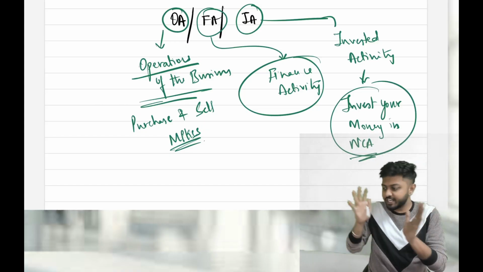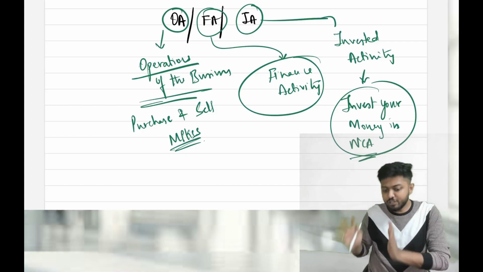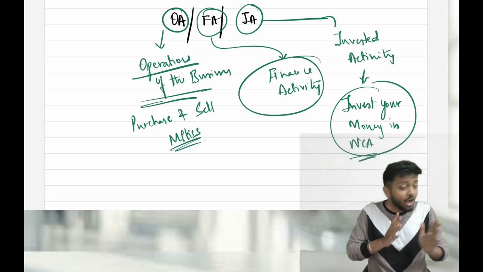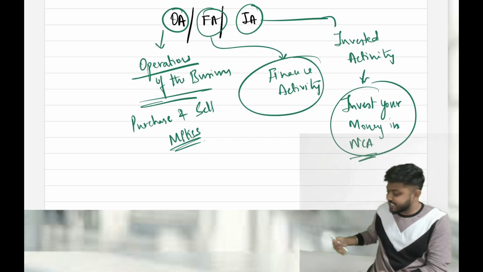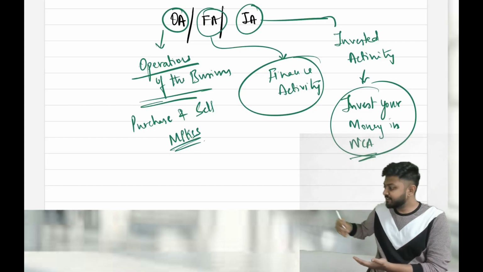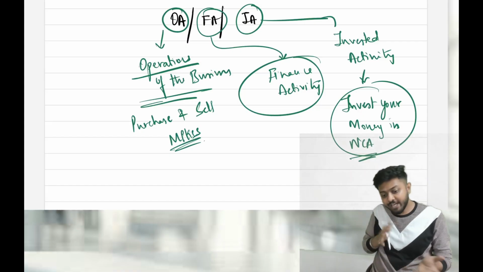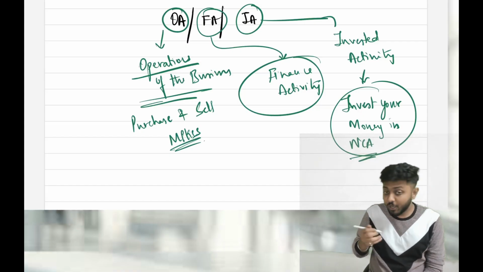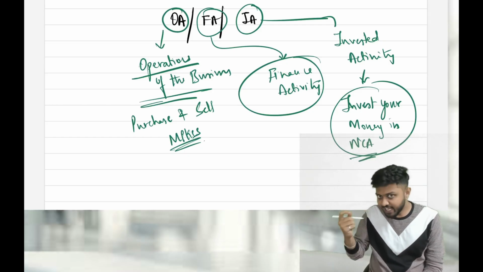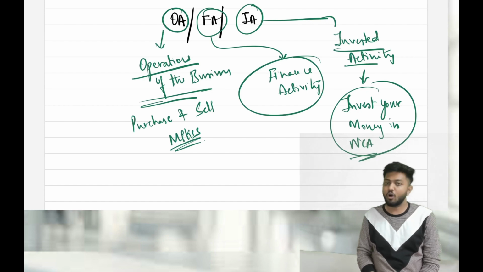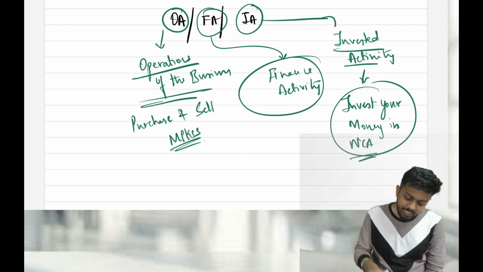Excess money you have invested somewhere to earn money, that is also investing activity. And whatever returns you are receiving, that is investing activity. Or if you have invested money in non-current assets like investment in PPE, investment in furniture, sale of furniture, sale of PPE, whatever cash flow is happening because of the non-current assets will come under investing. All of it. These are the 3 things.